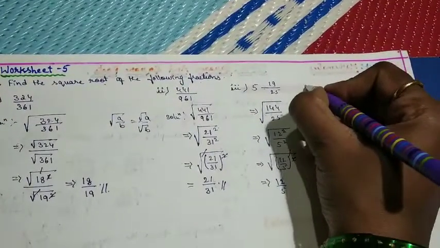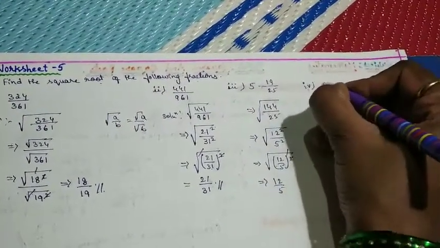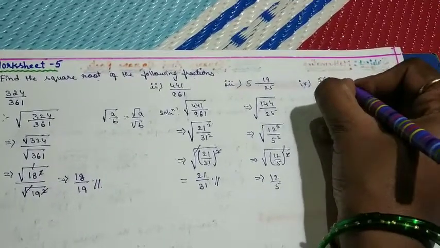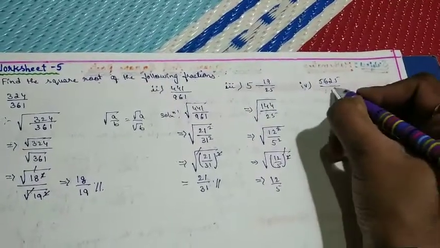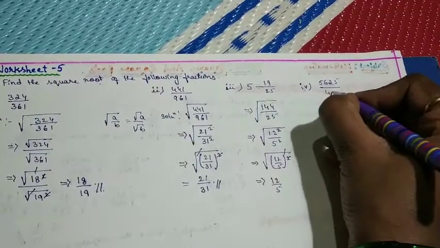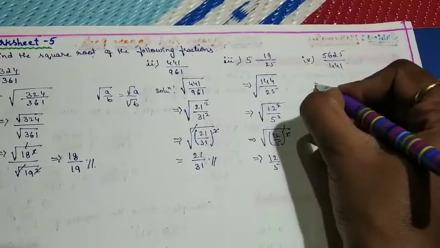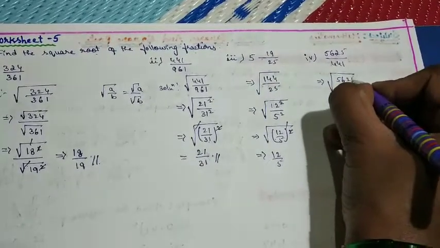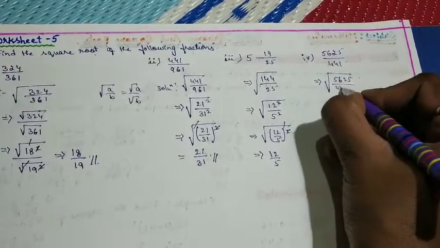Okay, then I'll move to the fourth question: 5625 divided by 441, and its square root he is asking. Square root of 5625 divided by 441.